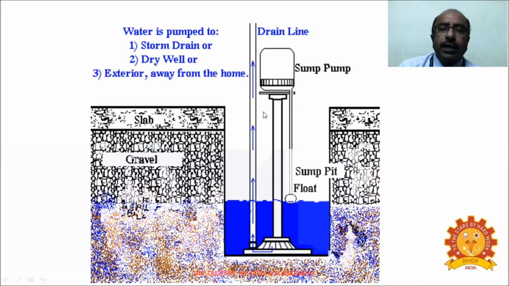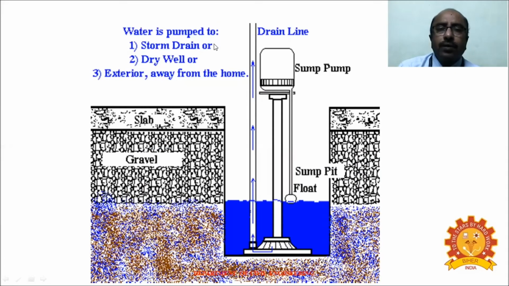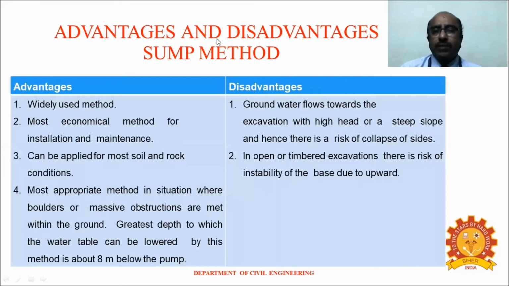So this shows that there is a sump, and the water is pumped out and drained to a drain line. From there, it is sent to the header pipe. What are the advantages and disadvantages of this sump pump method?